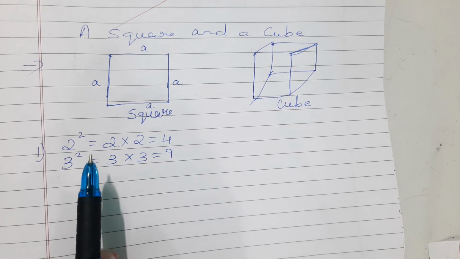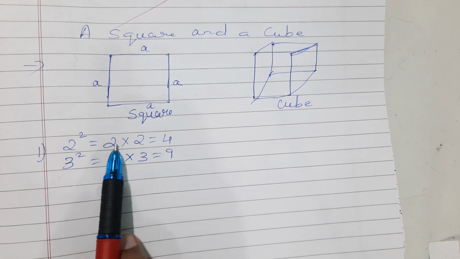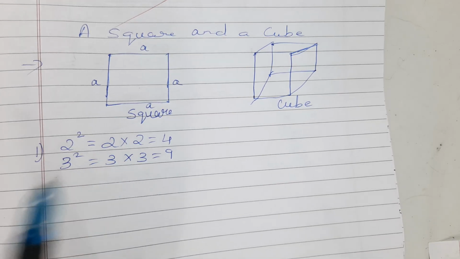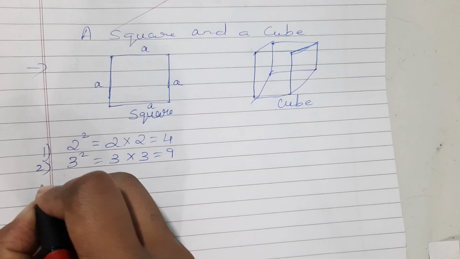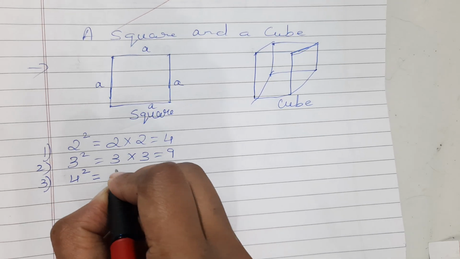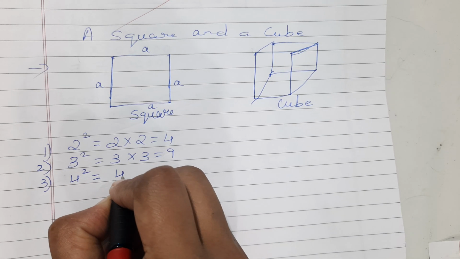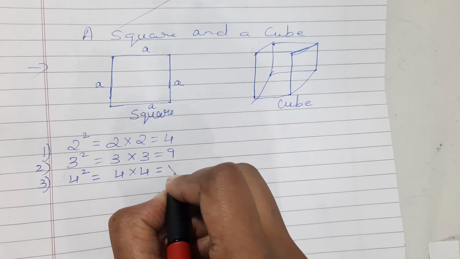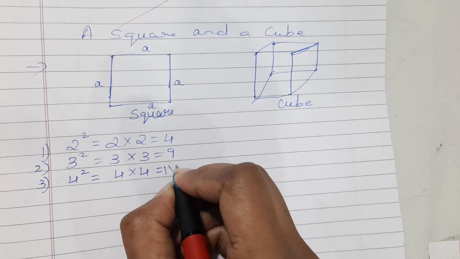So square means only two numbers are multiplied. Then comes 4 square, which is 4 multiplied by 4, it will give you 16, right?